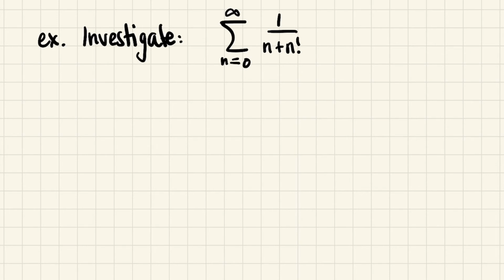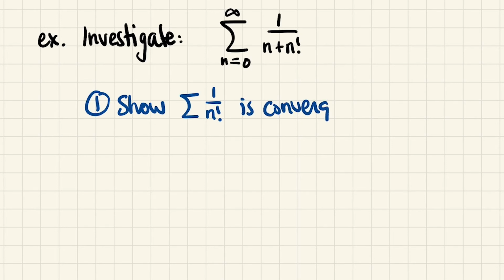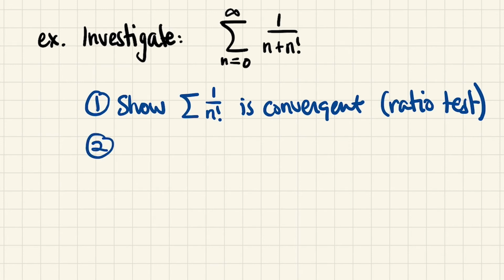Okay, so what will our approach to this be? Well, what we're going to do is use the comparison test to drop an unwanted term. So in particular, what I mean by this is we're going to show that 1 over n factorial as a series is convergent. And for that, we'll use the ratio test. So let's assume that we're able to do that, and we are.